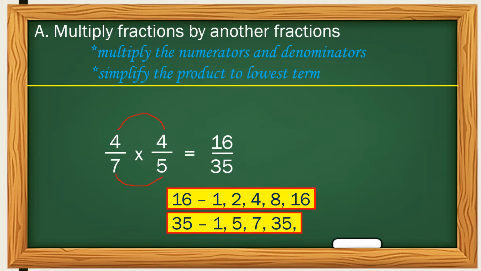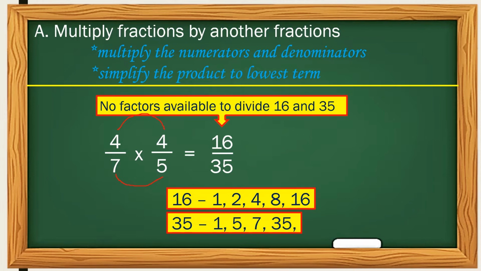Factors of 35, we have 1, 5, 7, and 35. So, what is the common or the greatest common factor of 16 and 35? So, wala. Walang common sa kanilang dalawa. So, no factors available to divide 16 and 35. So, our final answer is 16 over 35.